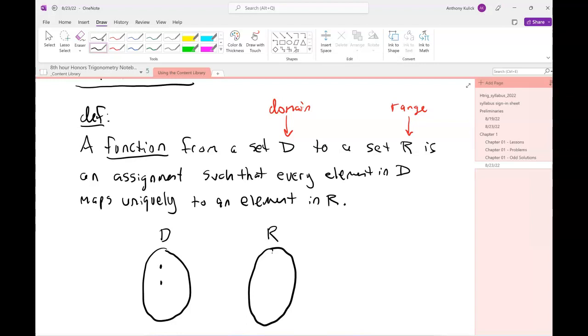That's going to represent our sets D and R. And from the domain, I need every element in there. Let's say I have 3 elements. Each needs to map to exactly 1 element in the range. So that would be what the function looks like. This would be some function f or whatever.